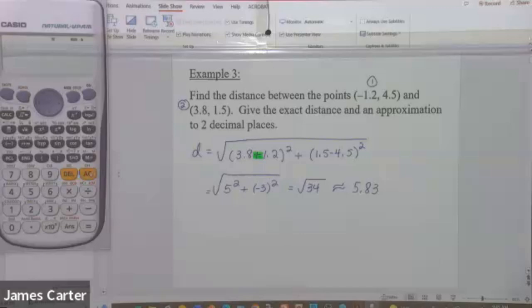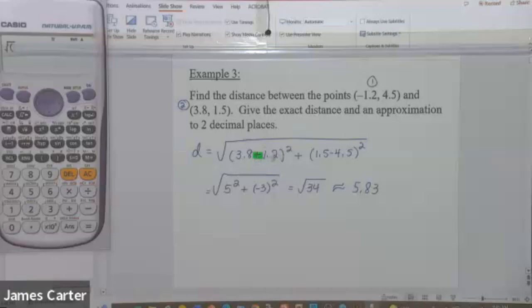So I'm going to clear this thing. I need to put all of that stuff in here. So I'm going to take the square root of parentheses. Then I'm going to put in this. Now, 2 ways you can do it.